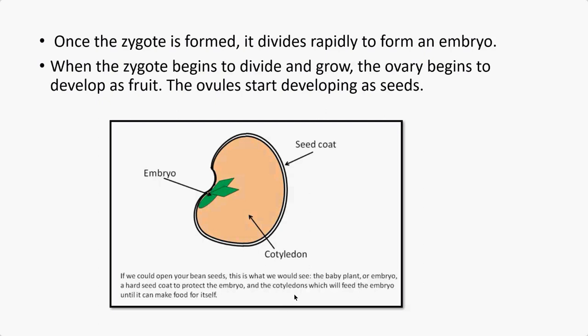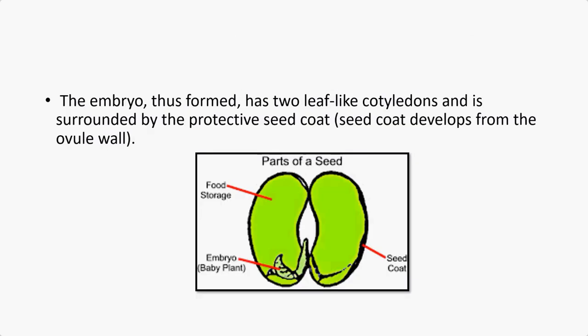But a baby of 5 months, 1 year, 2 months, 3 months cannot prepare its own food, right? Likewise, the embryo baby plant cannot do photosynthesis. It cannot prepare its own food. So where is the food stored for the baby plant? Cotyledon has food for it. This we already learned in class 3. Just I am revising that.